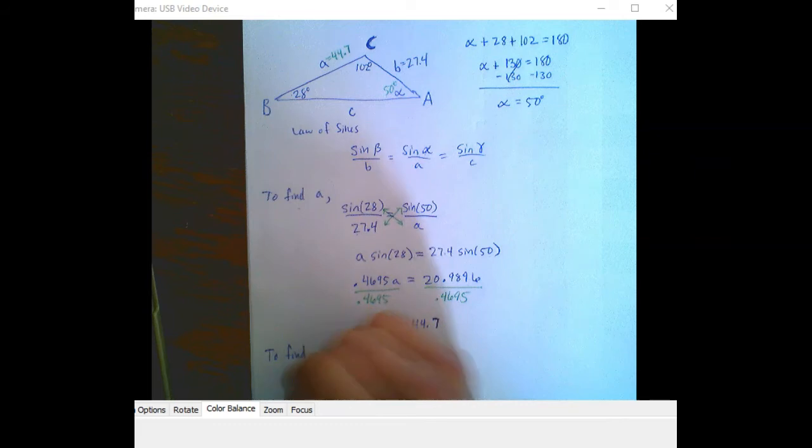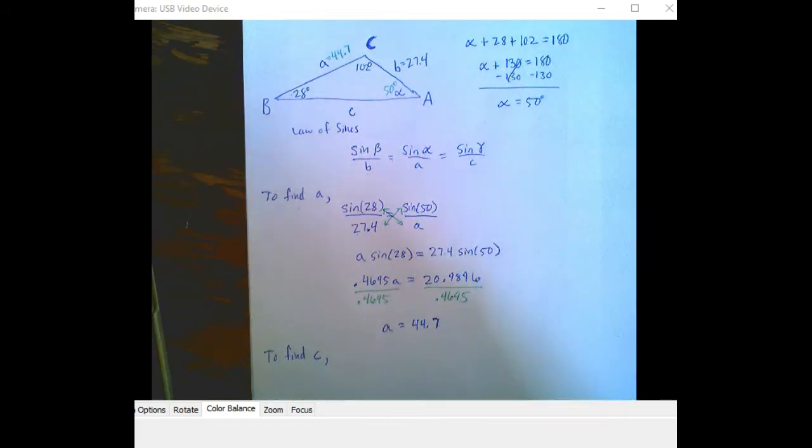So to find little c, let's just use our b ratio again. So sine of 28 over b, which is 27.4, equals, now we're going for sine of gamma. Gamma is 102, sine of 102 over little c.